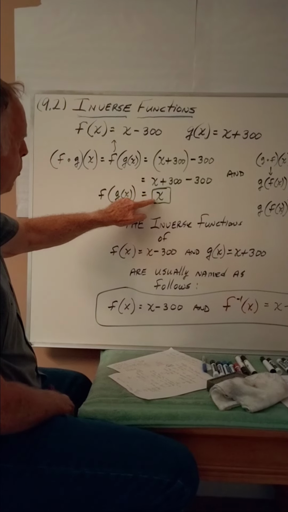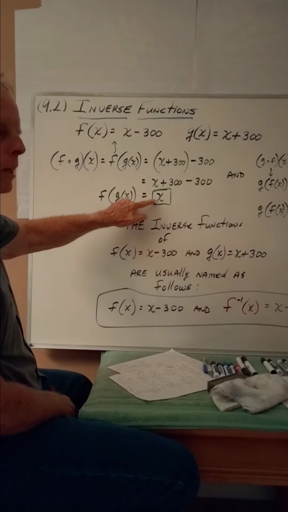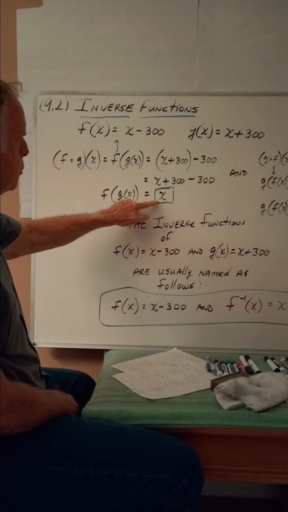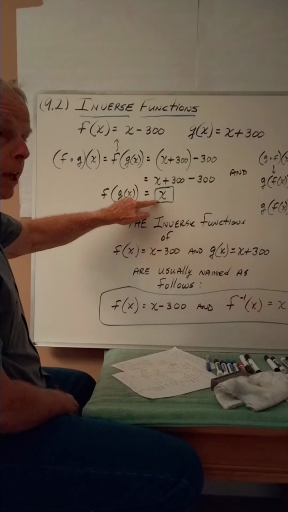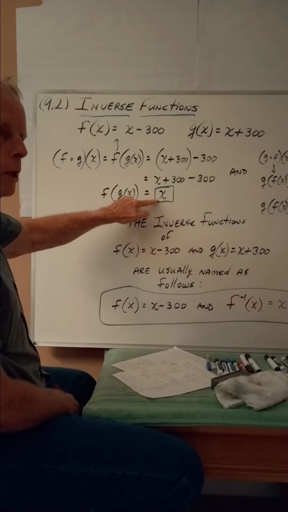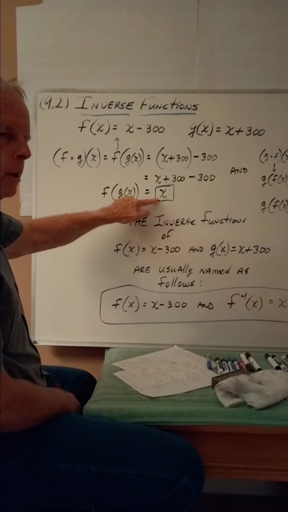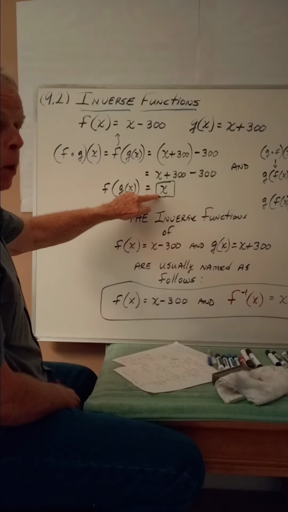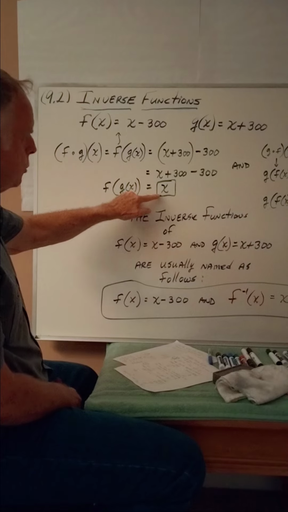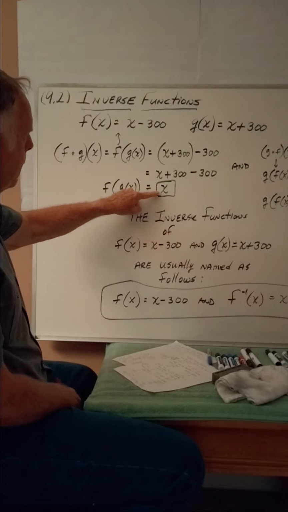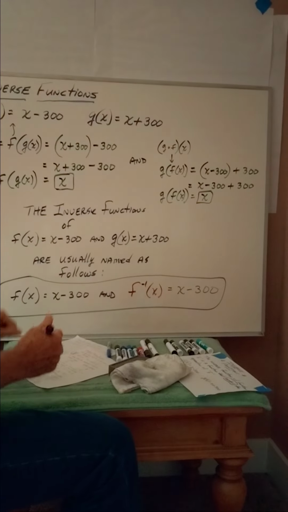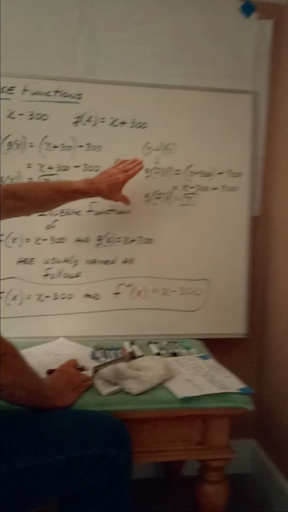This is always going to be the answer that you're going to get if we are looking at inverse functions, because one will cancel the operation of the other, and when one cancels out that operation, you're left with the original amount.